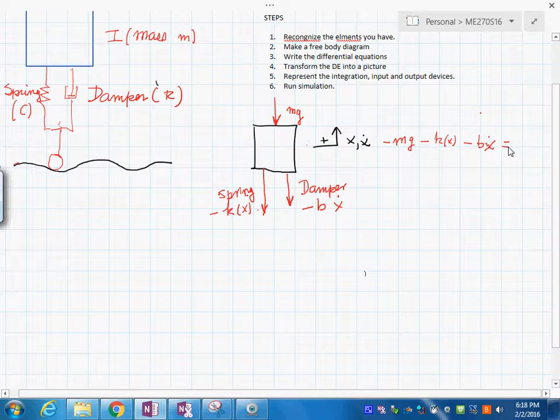And then this is equal to mass times the acceleration, x double dot.